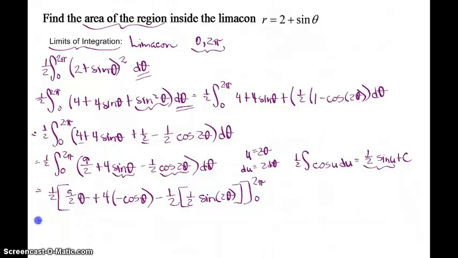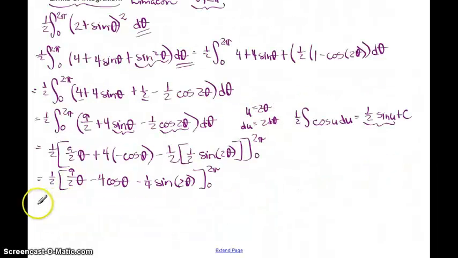So again, clean it up one more time. 9 halves theta minus 4 cosine theta minus 1/4 the sine of 2 theta, all from 0 to 2 pi. Now I'm ready for fundamental theorem.